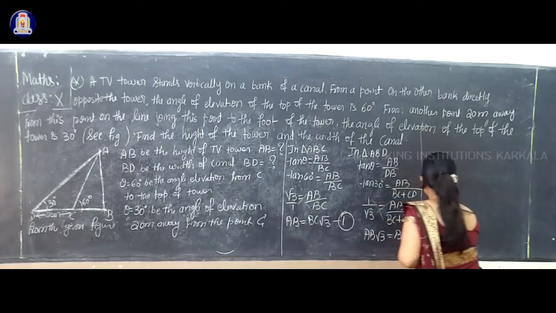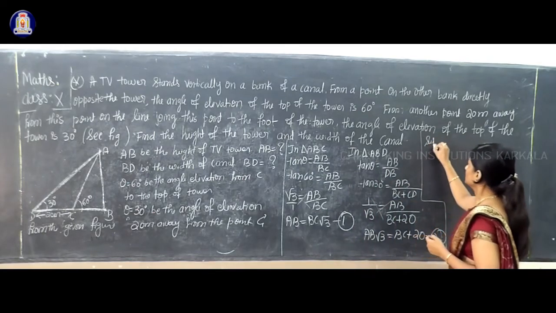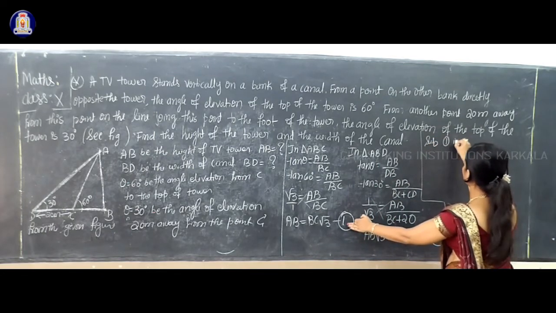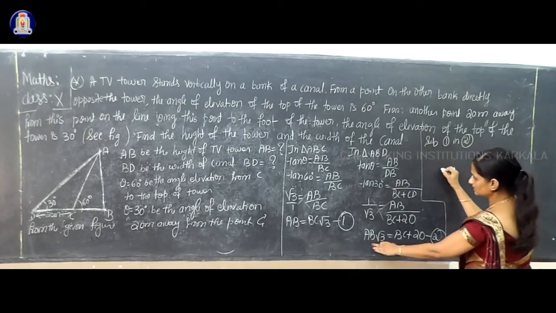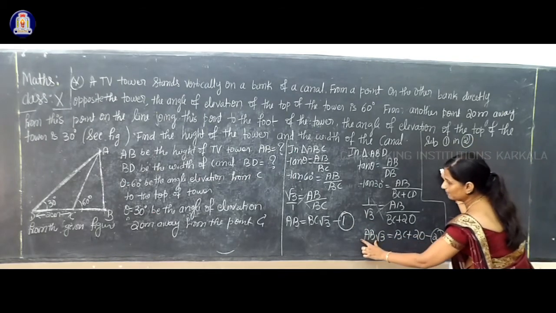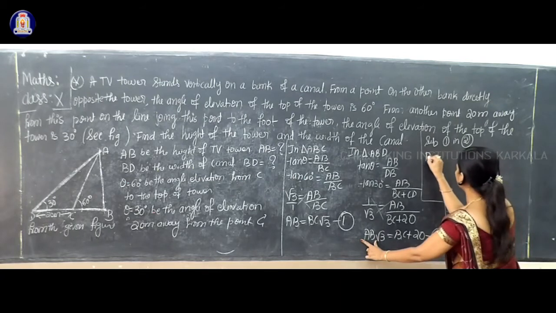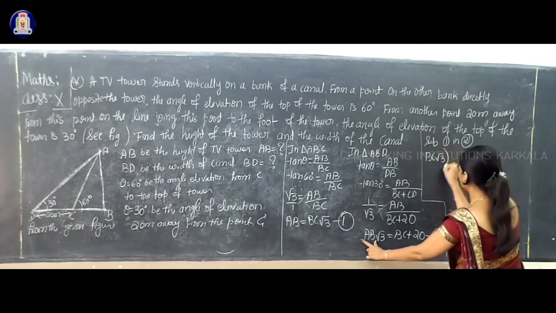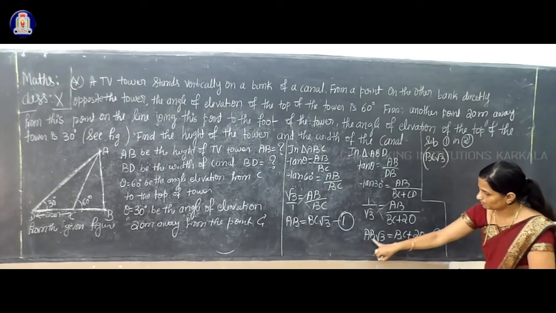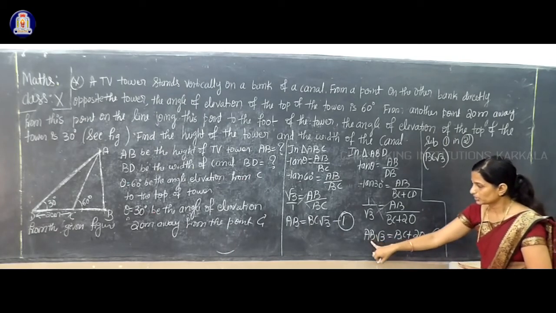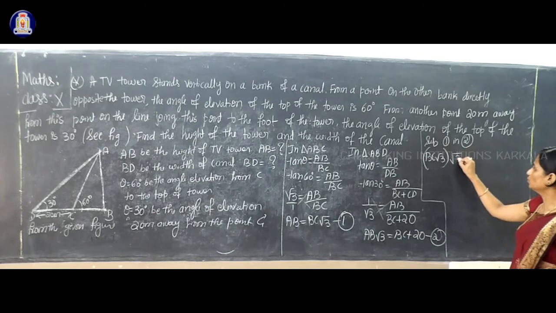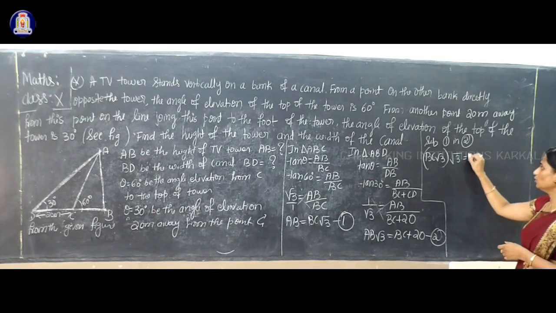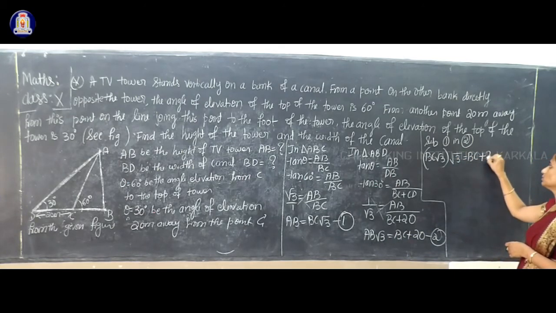Substitute equation number 1 in equation number 2. AB can be replaced as BC root 3. Equation 2 is AB into root 3, and AB is BC into root 3, so BC root 3 into root 3 is equal to BC plus 20.